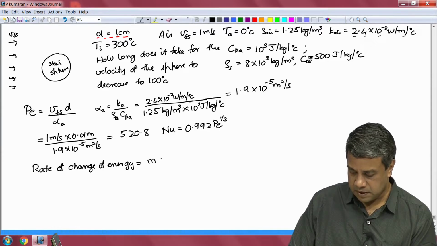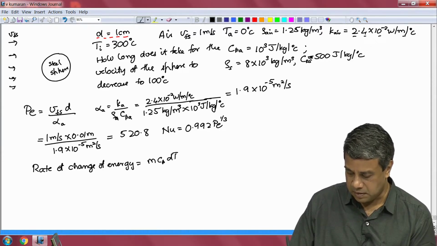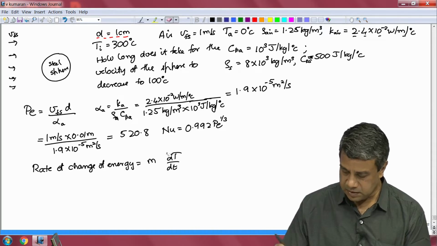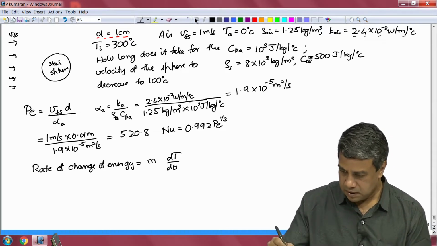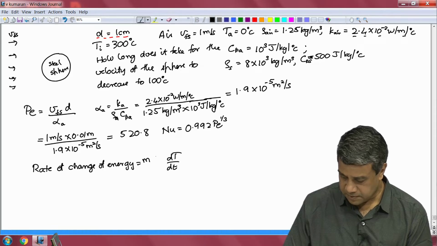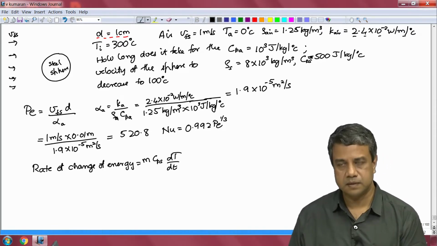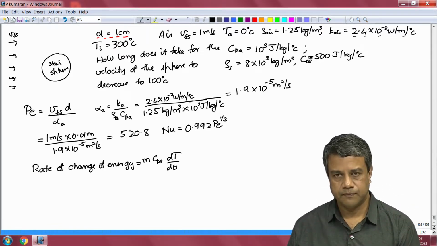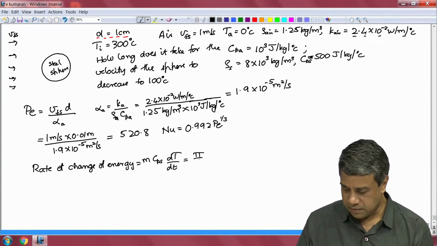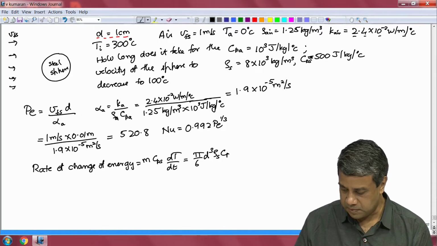Is equal to m Cp dT by dt. This Cp is the specific heat of steel. This is equal to pi by 6 d cubed rho steel times Cp steel times dT by dt.